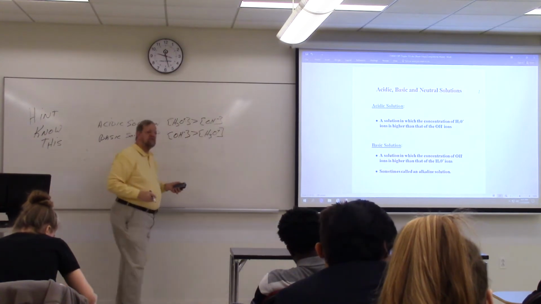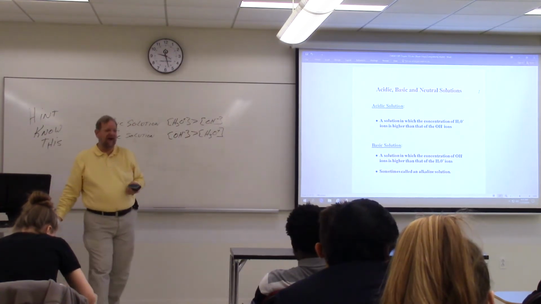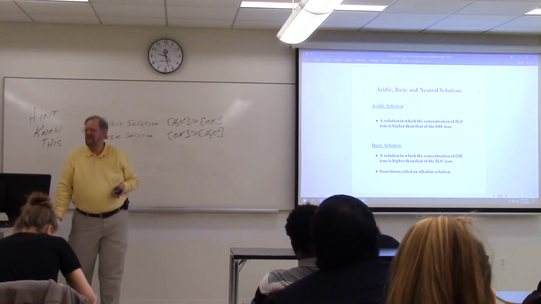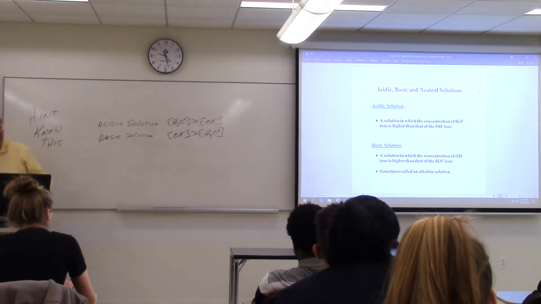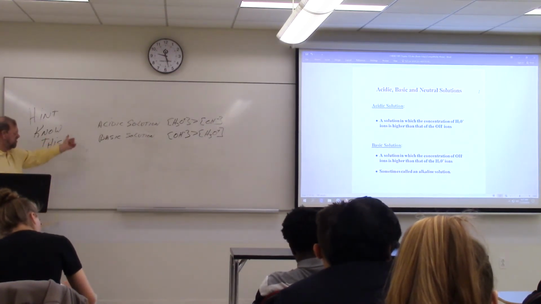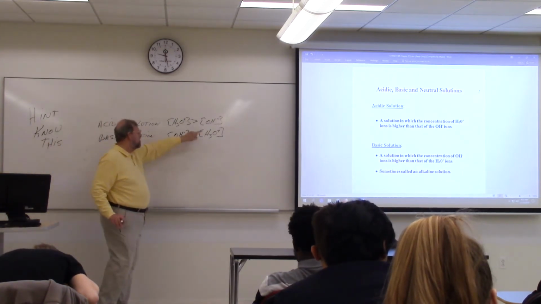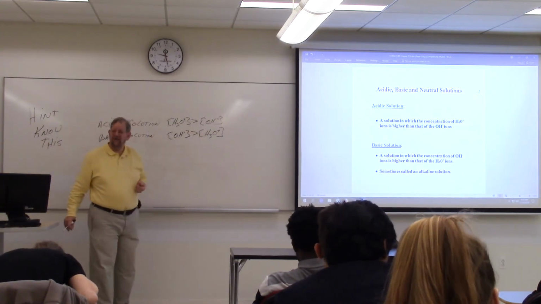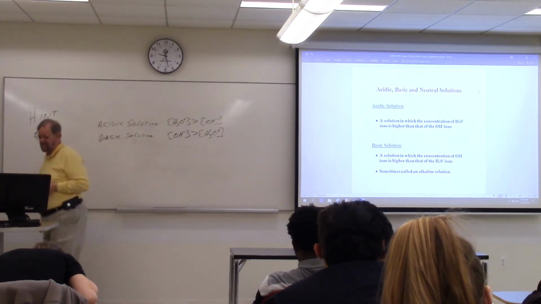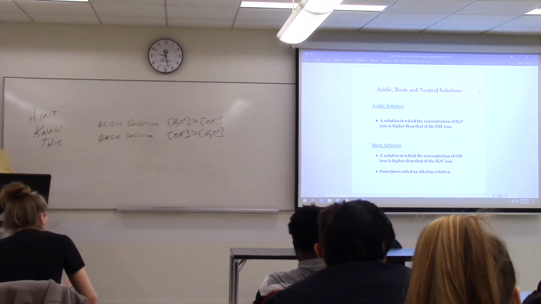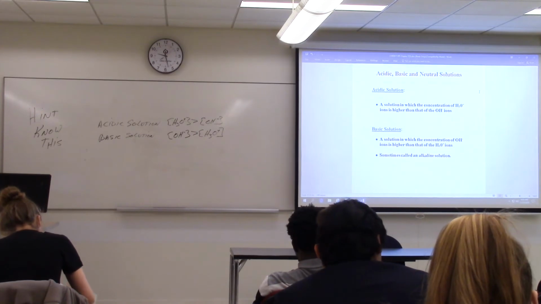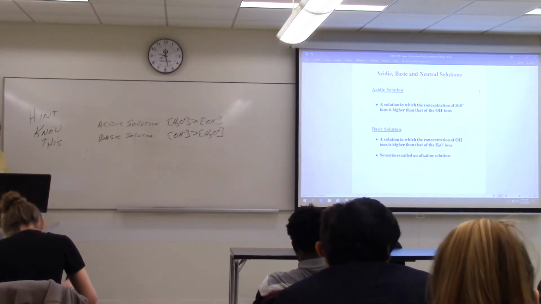I tell you, the closer we get to Thanksgiving, the worse my brackets look. But anyways, for a basic solution, hydroxide ion concentration is greater than hydronium ion concentration. And we sometimes call this an alkaline solution.